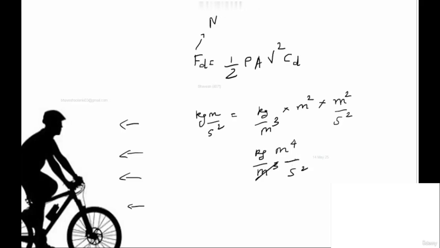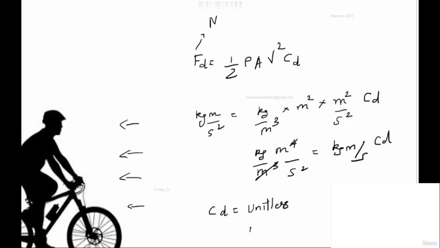This is going to cancel, and at the end you will have kg meter per second square. Note that in this process we did not take into account CD. But even without including the CD, the left hand side and right hand side units match, and that is why your drag coefficient is unitless. This is also called a non-dimensional quantity.